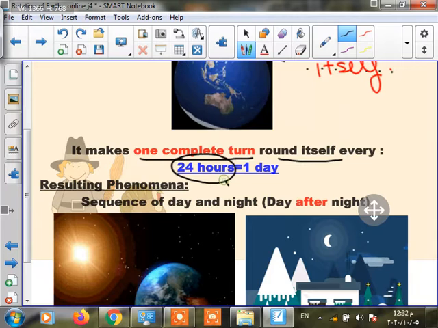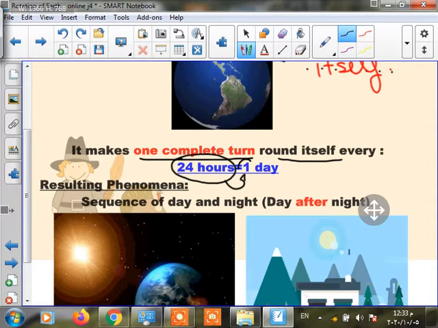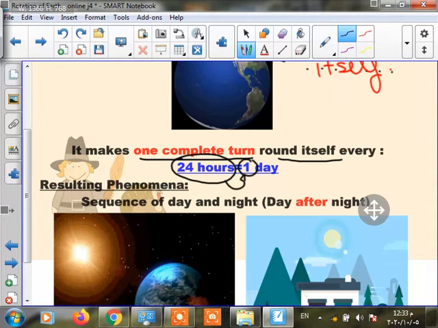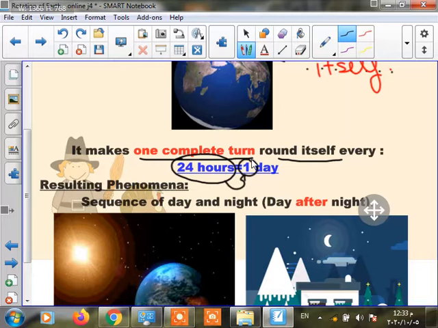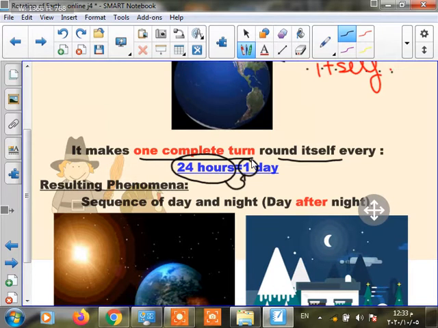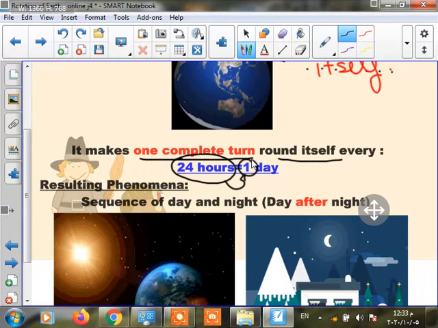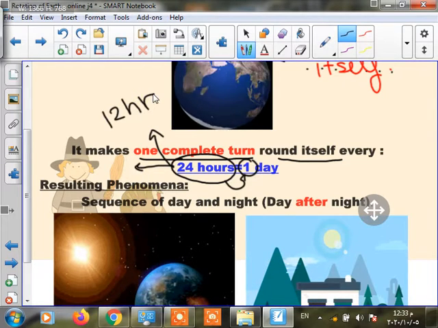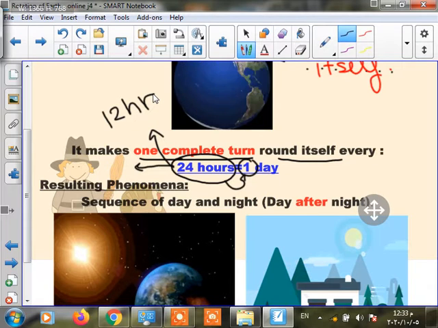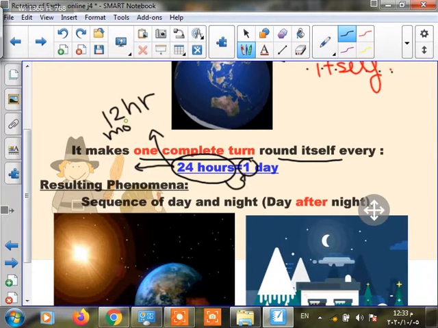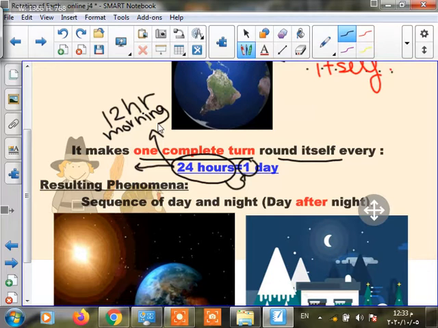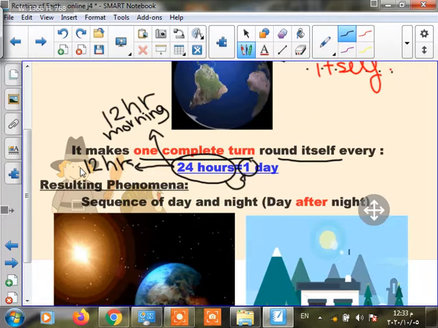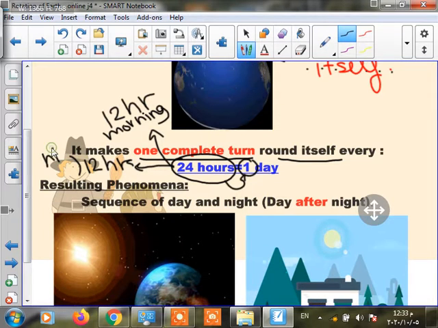24 hours equal how many days? 1 day. We know that during the day we have 24 hours. Part of this will be 12 hours in the morning time till sunset, and another 12 hours at night time.